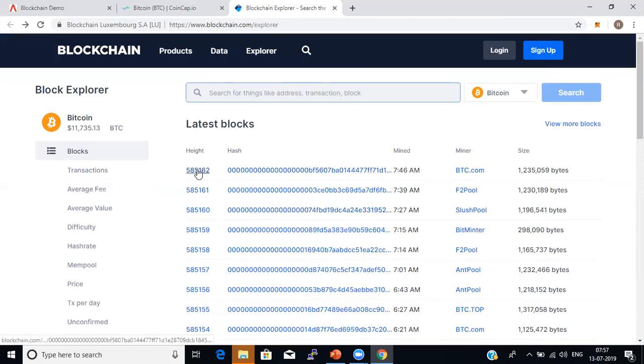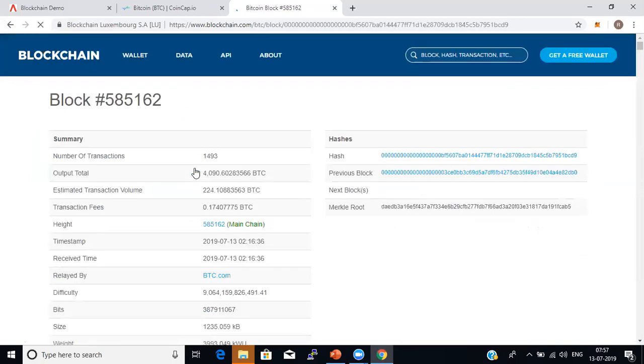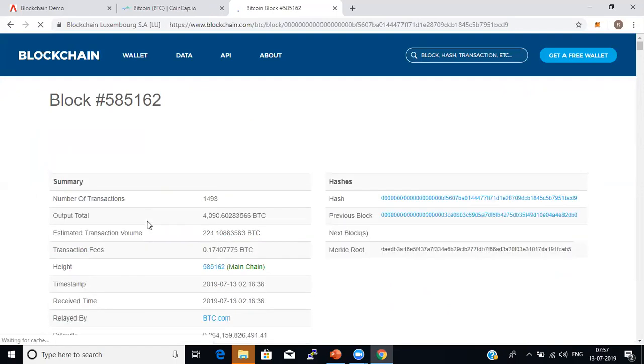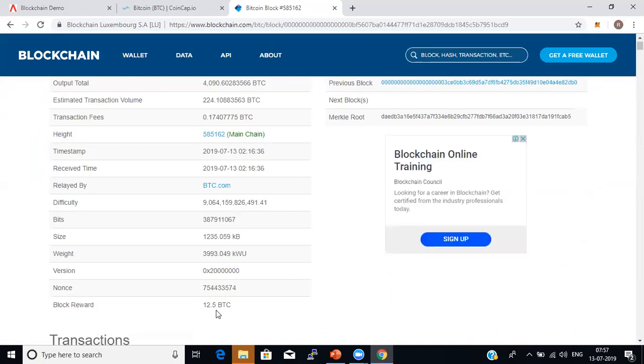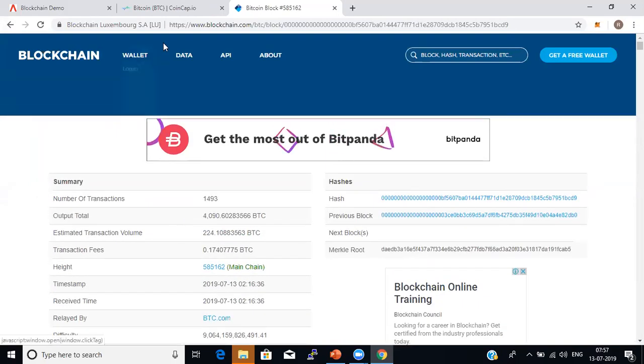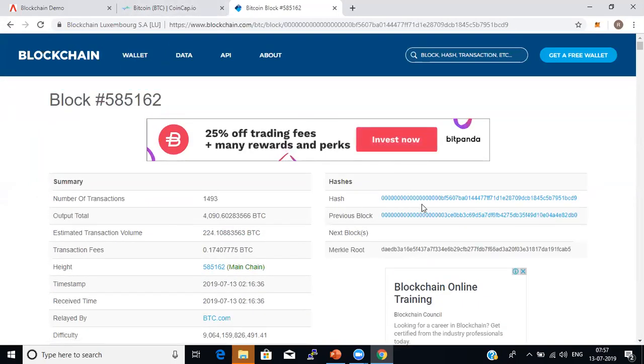When you click on this block, the transactions are here. If you want to see the transactions and all these rewards, we will see everything in tomorrow's session. At least understand that the output of any block is represented by this hash code.